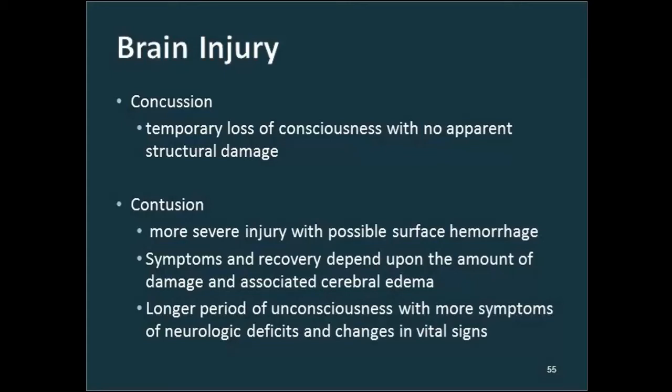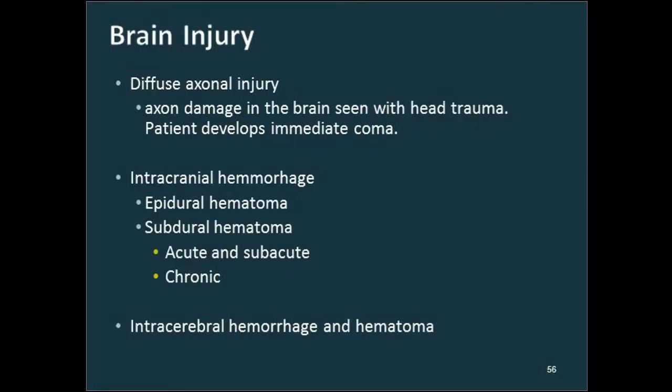A lot of times it's not the contusion itself that causes the problem as much as that secondary edema, that secondary injury from edema that results in brain damage. In a contusion, the brain is not only bruised, but it is damaged, and like I said, it's often from a secondary injury. There's a longer period of unconsciousness, more neurodeficits, more changes in vital signs. It's just a more severe type of traumatic brain injury.